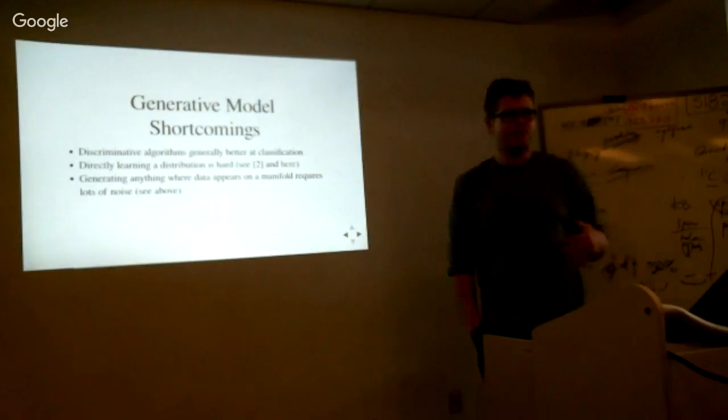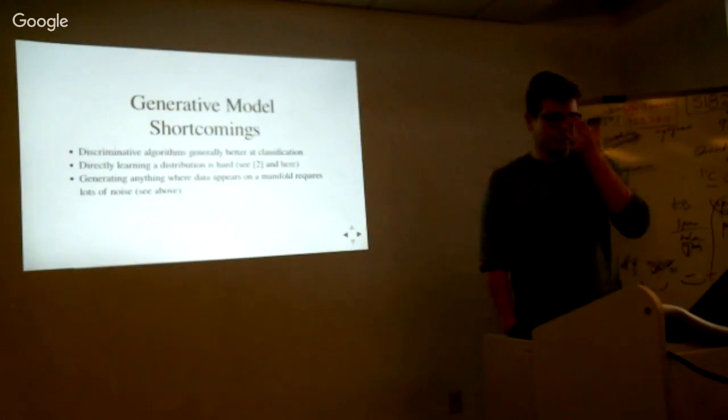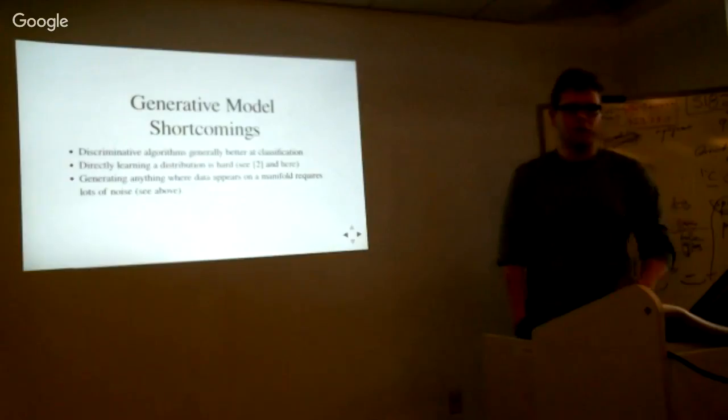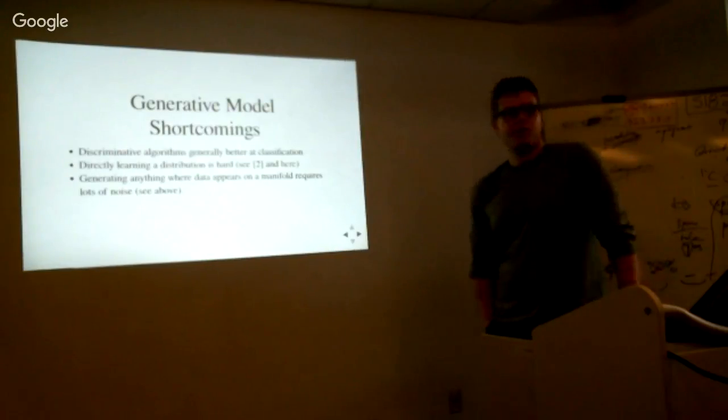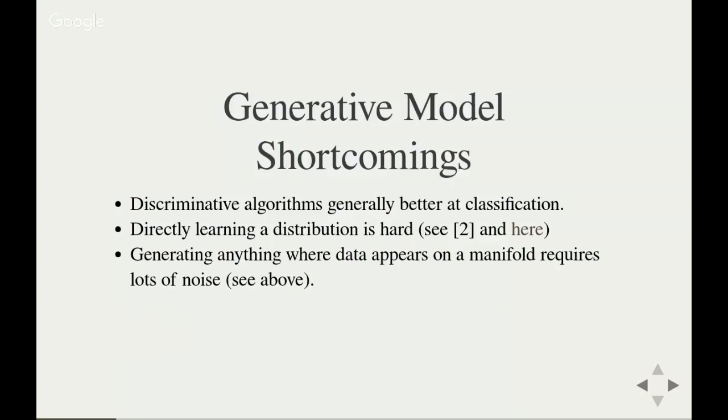But the problem with this is that it limits how good of a model you can learn. People have found empirically that it really takes adding a lot of noise to your inputs to be able to overcome this problem. And so generative models for a while have been stuck in this cap of, we can generate something that's kind of interesting, but not useful for any real practical purpose.